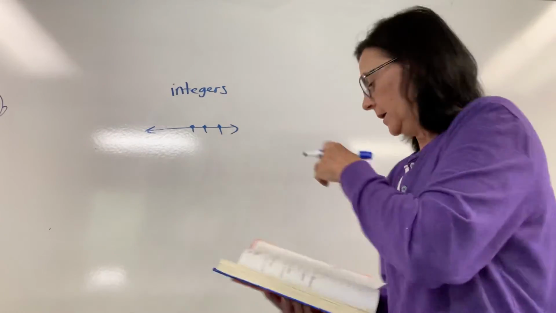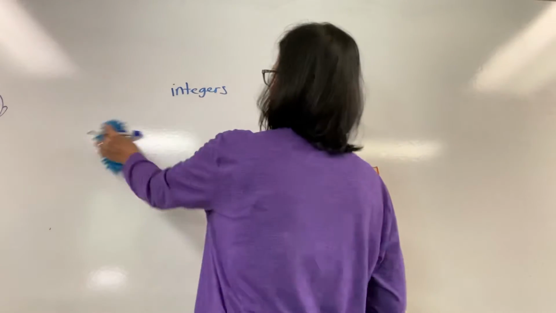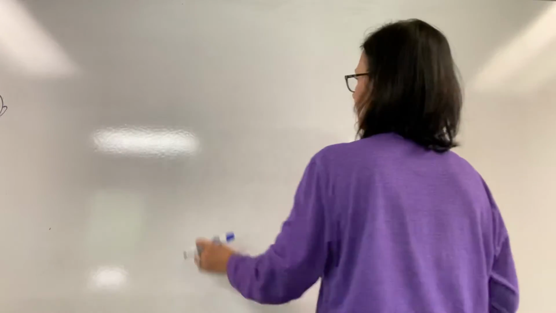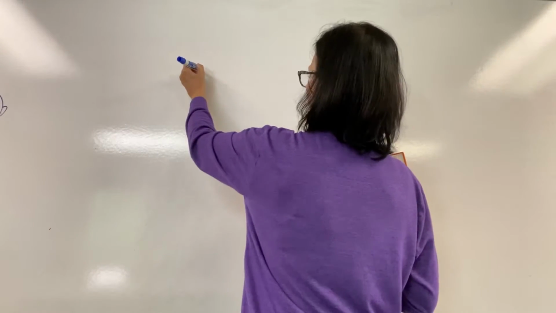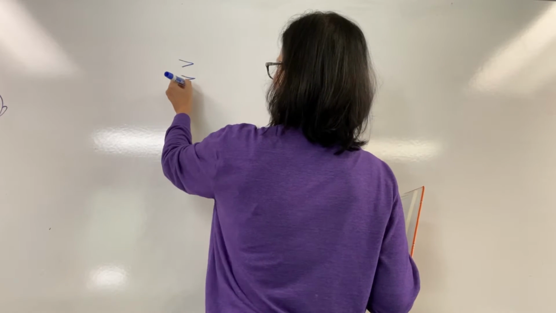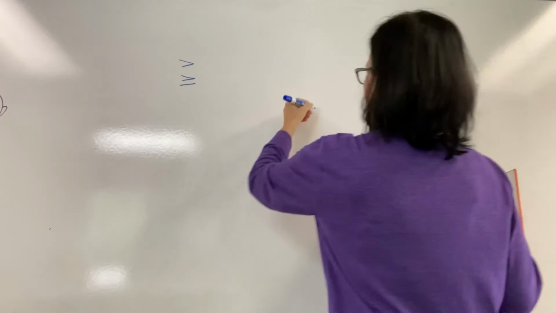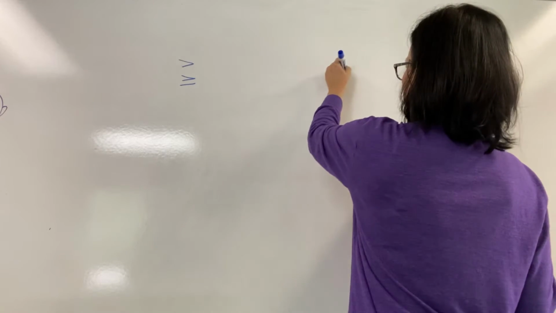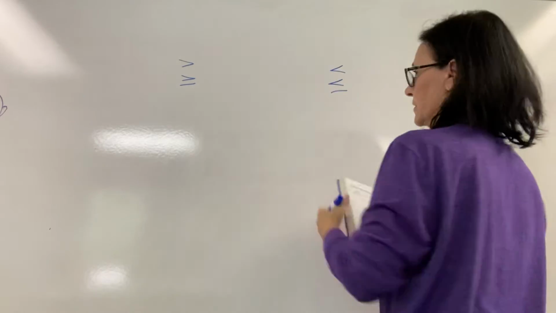All right? So there are two types of inequalities. Inequalities are either greater than, like I said, greater than or equal to, or they're less than or equal to.